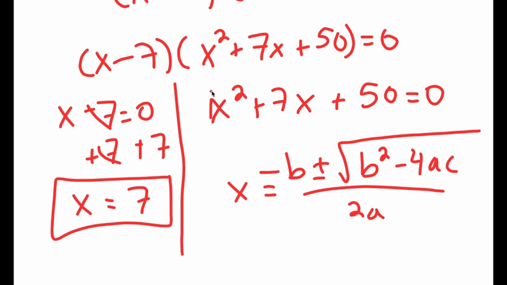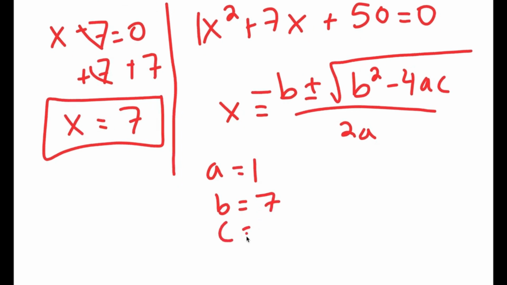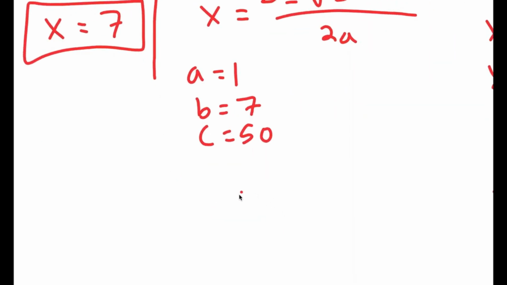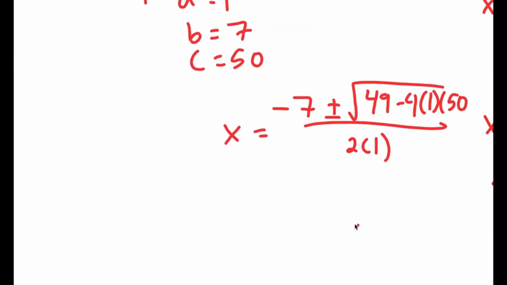So in this case, a is 1, b is 7, and c is 50. So I get x is equal to negative 7 plus or minus the square root of 7 squared, which is 49, minus 4 times a, which is 1, times c, which is 50, all over 2a. So 2 times 1.